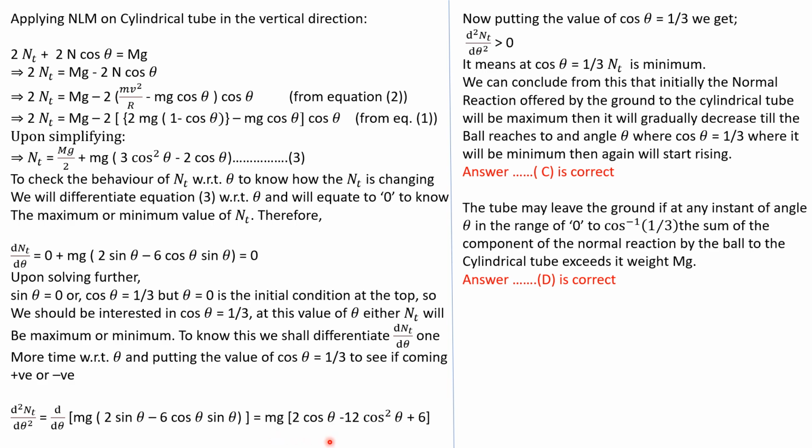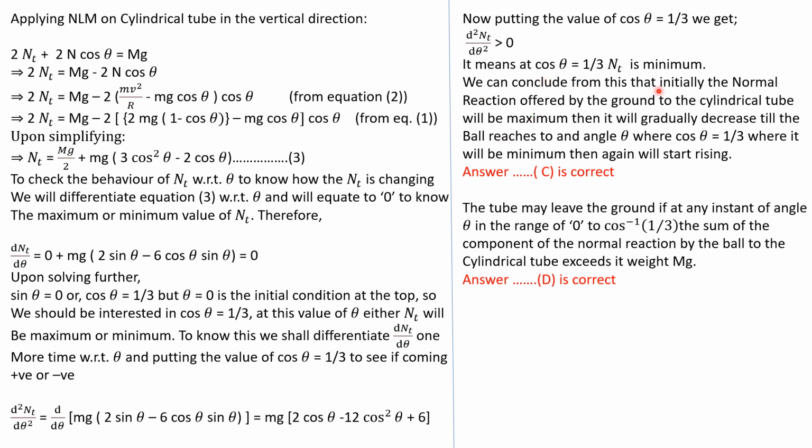Upon differentiating, we are getting this, and we should put the cos theta value of 1 by 3. Now putting this value, we came to know that d2N_T by d theta square is greater than 0. Means at cos theta equal to 1 by 3, the value of normal reaction offered by the ground to the tube will be minimum.